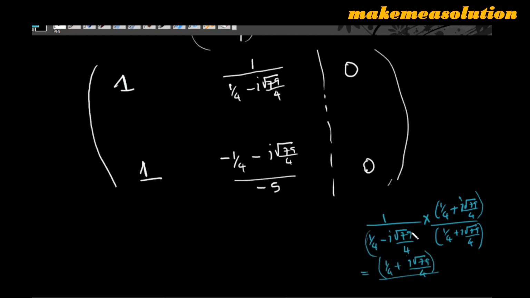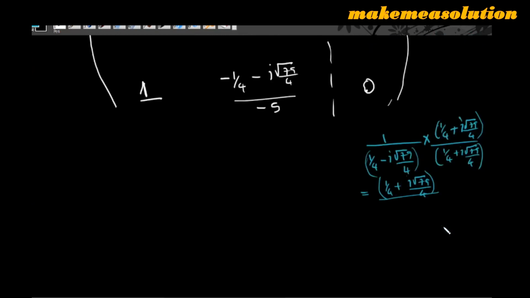So when you simplify, you're going to get 1 over 4 plus i root 79 over 4 divided by, so when we multiply this term by this term, remember when you multiply two complex conjugates, you're going to get a real number. So that is the sum of two squares. So this and this will give you 1 over 4 squared, while this and this will give you plus root 79 over 4 squared. There's what we call difference of two squares and sum of two squares.